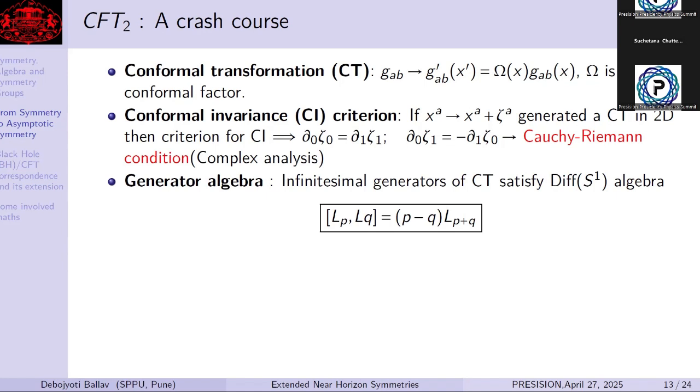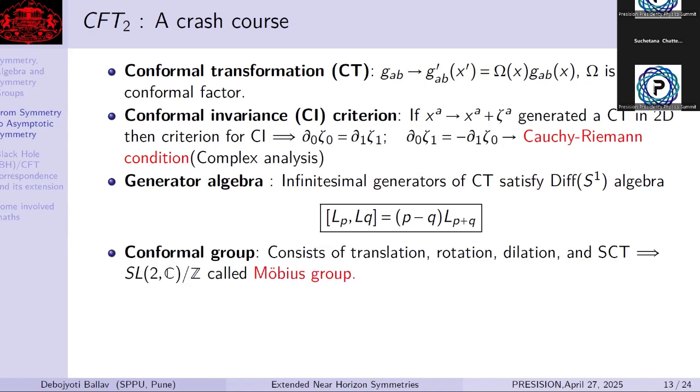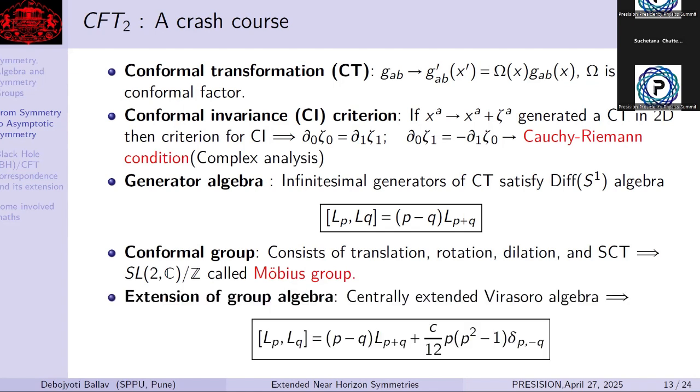If we calculate the generator algebra of those generators, we get an algebra known as the Witt algebra, and the corresponding conformal group will be the Mobius group, along similar lines of thought. If we extend that algebra to the quantum level, that algebra will be the extended Virasoro algebra with a central term, where c is the central term.